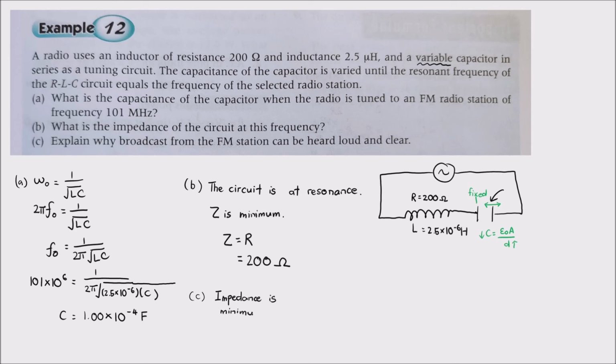Because Vrms is equal to Irms times impedance, with a minimum impedance, Irms in the tuning circuit will be maximum.